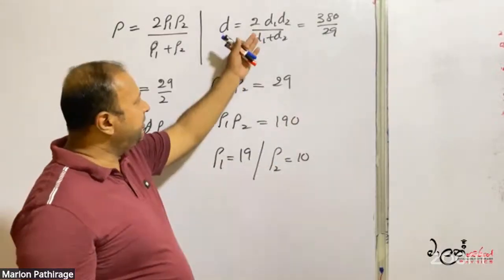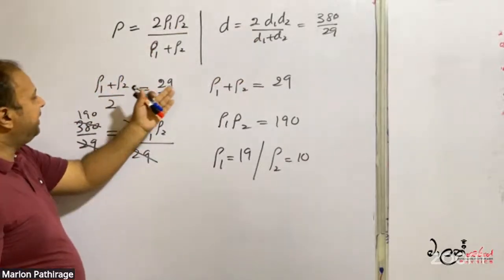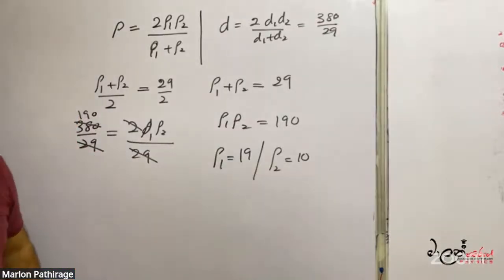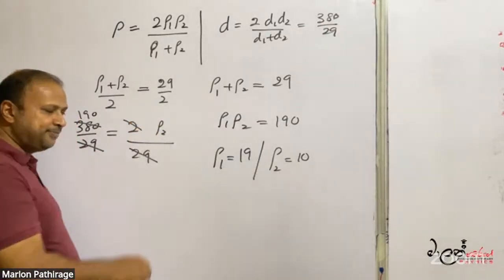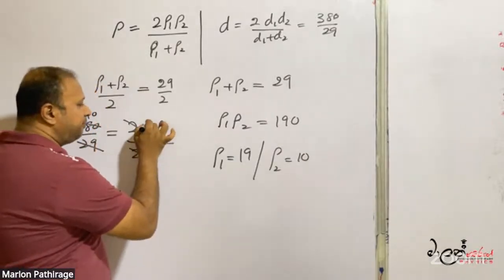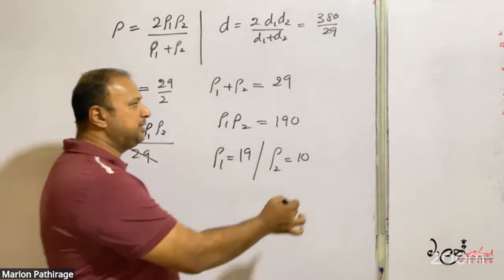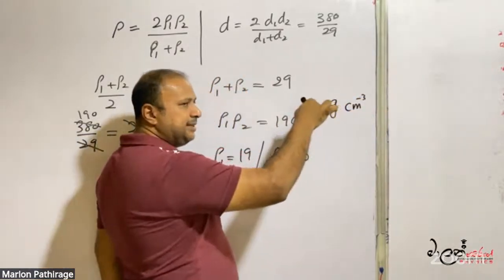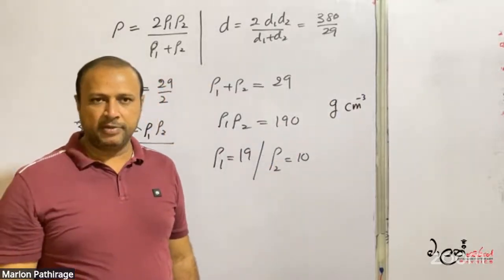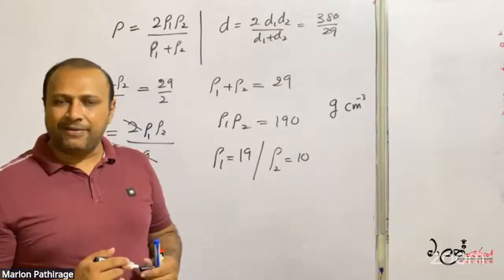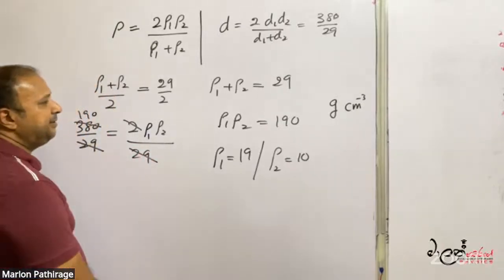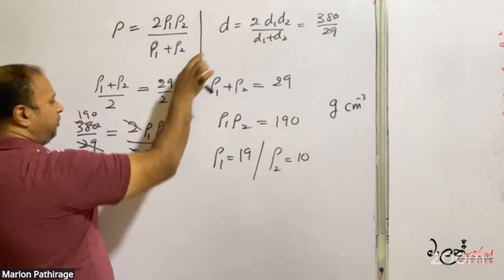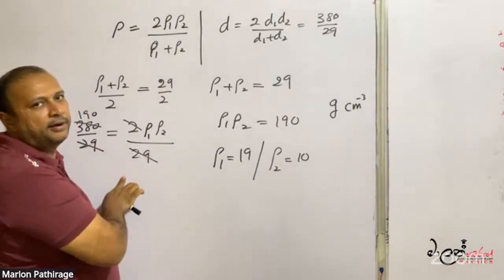But instead of writing the relative density, I can write densities, because if we consider densities in gram per cubic centimeter, density and relative density are equal. Therefore, I can write this equation in densities instead of relative density.